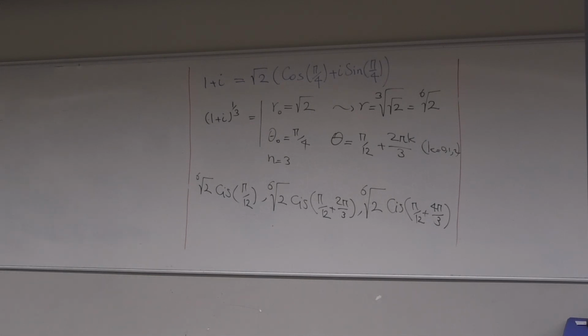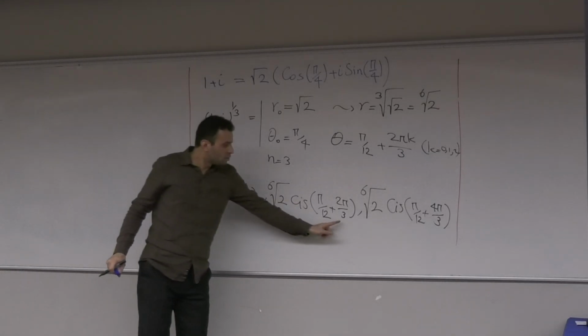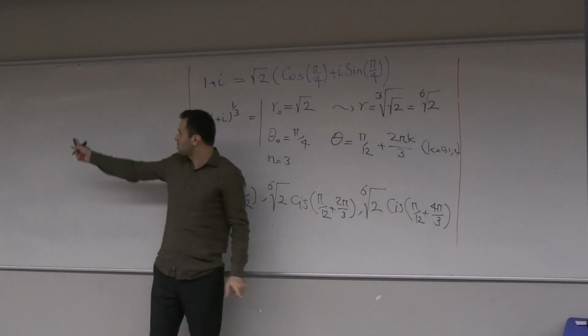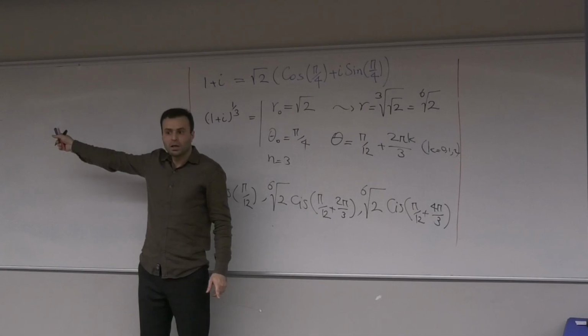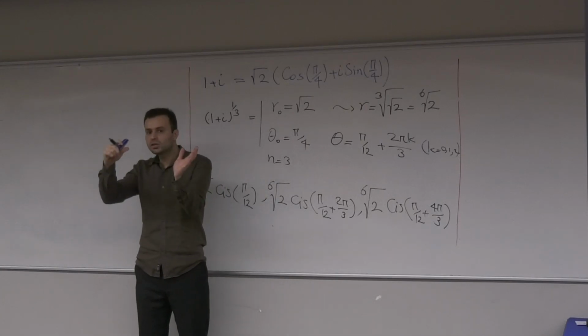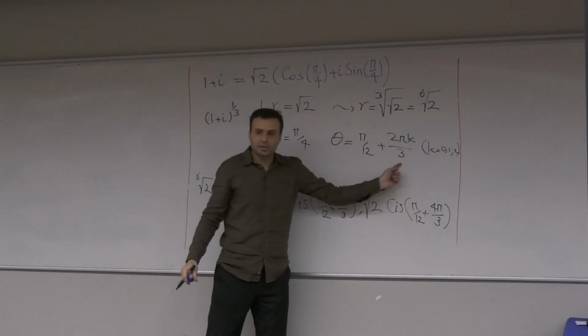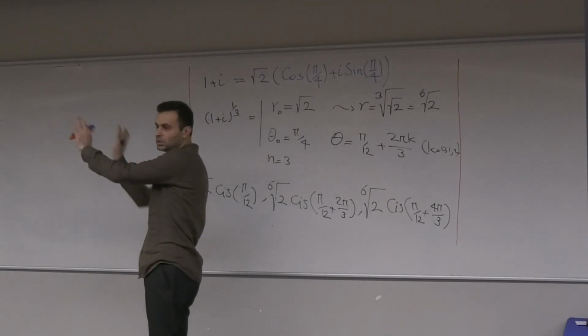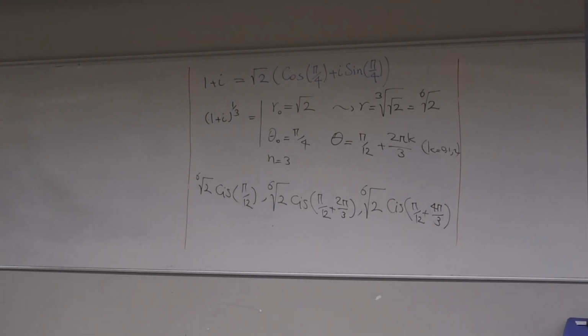What will happen to the other two? The other two are rotations of this number. How much rotation? 2 pi divided by 3, right? We are just rotating them by 2 pi divided by 3. So in this circle, it is going to be rotated.